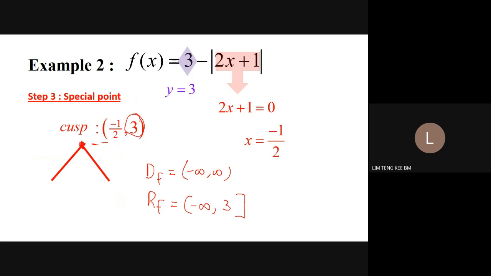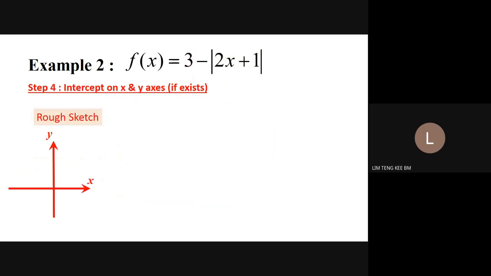Then next, step 4, we go on with the intercepts on the x and y axis. If they exist, whether they exist or not, we're going to decide from a rough sketch. The rough sketch using the coordinate (-1/2, 3) looks like this. Again, the rough sketch may not represent the actual location of your y and x intercepts.